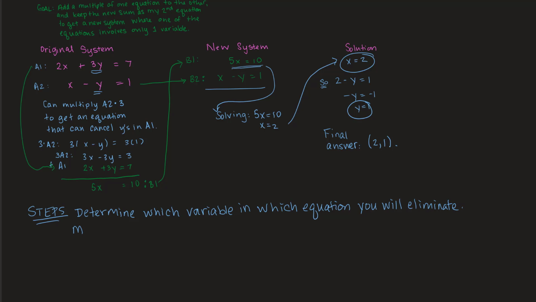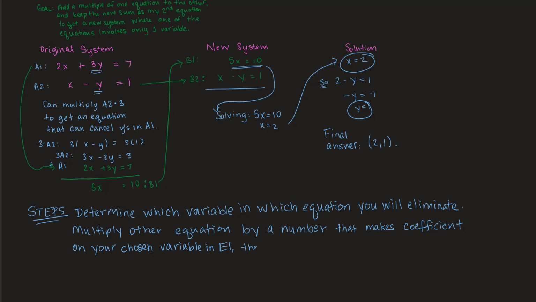Then you're going to multiply the other equation by a constant that makes the coefficients on the two equations equal or opposites. It doesn't matter which way you think about it.